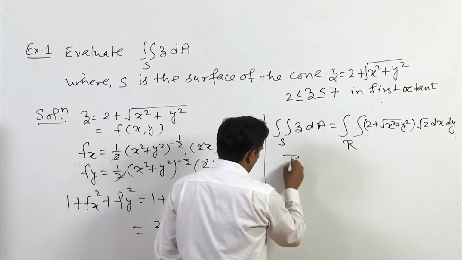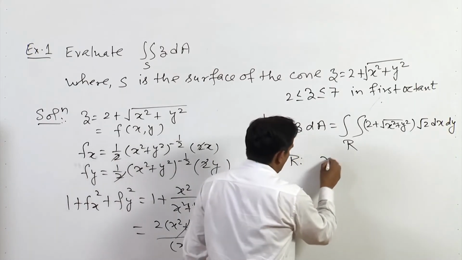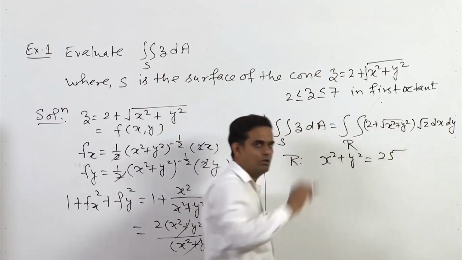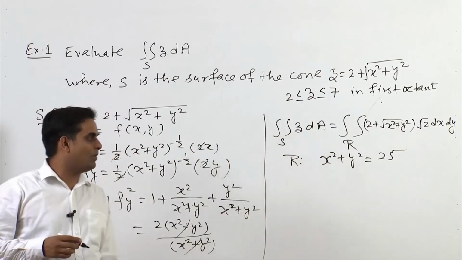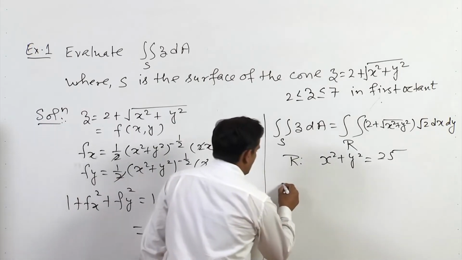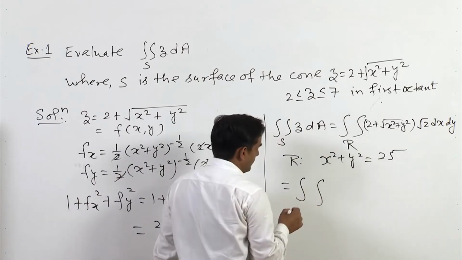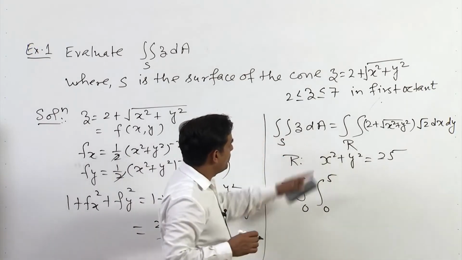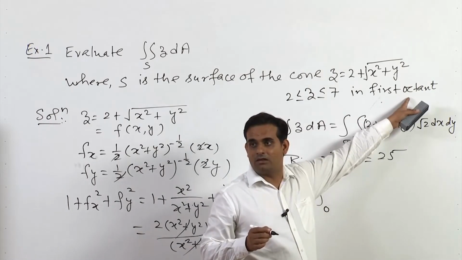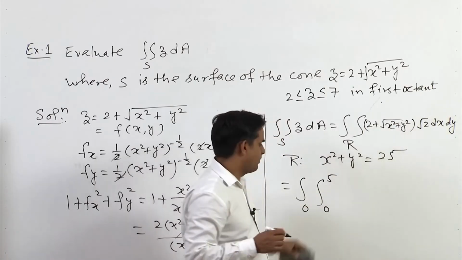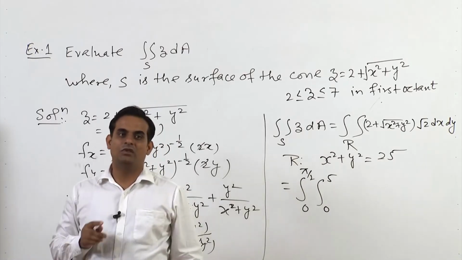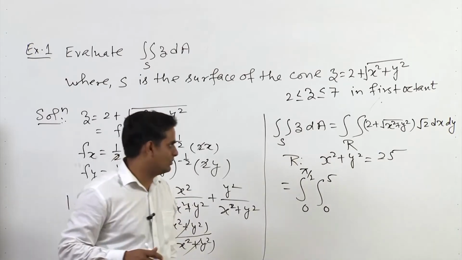Okay. And the area R is a circle, x square plus y square equals 25, a circle of radius 5. So, changing into polar coordinates, r is 0 to 5, theta is 0, and one more thing, it is here in first octant. So, first octant means theta will move only from 0 to pi by 2.